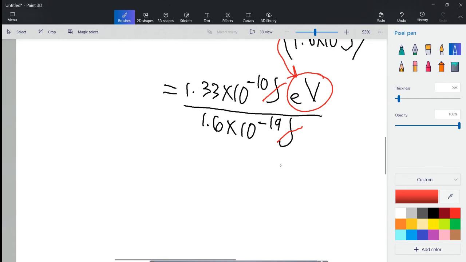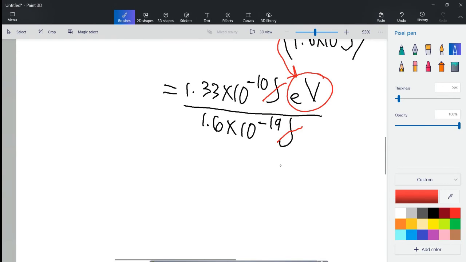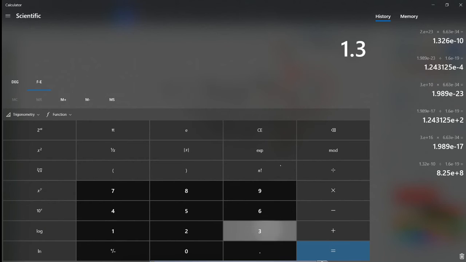So we can cancel out some units. We have cancelled out joules, so the remaining unit is electron volt.